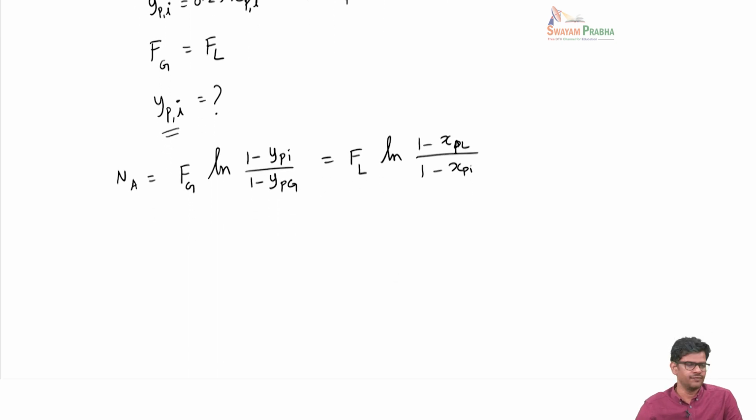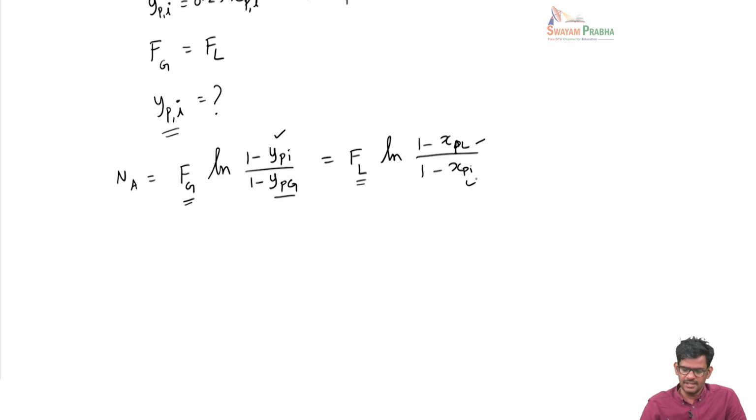So, this is what we are going to use. We are given the ratios of these values, they are actually equal in this case. YAG and XAL are known, but these two are unknown, but we can use the equilibrium relationship to relate the one and get the other one.